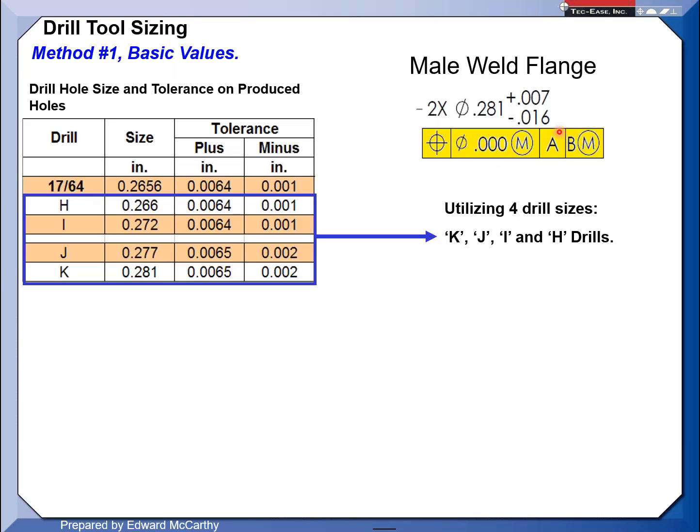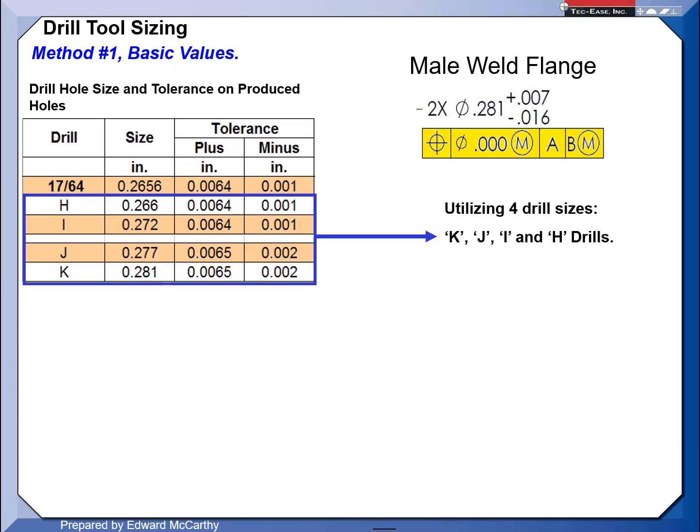We had 15 thou, and this was really tight, and manufacturing could only use the K drill to produce that hole. Then when we asked about applying zero tolerancing, how small the hole could be, we went from 1 drill size up to these 4 drill sizes by applying this concept, 0 at MMC. Now we allow manufacturing 4 drill sizes for how small the hole could act.